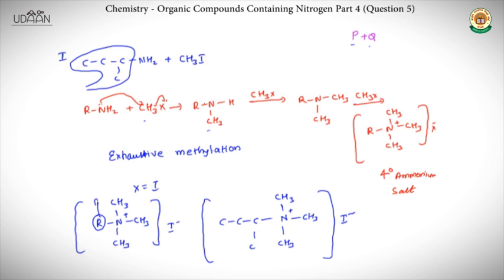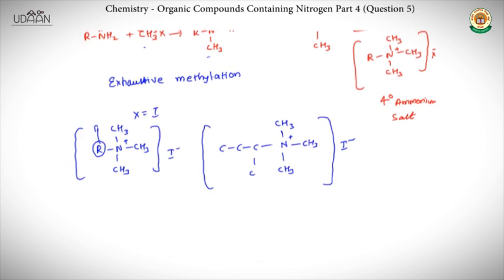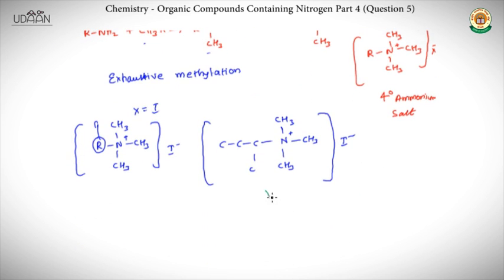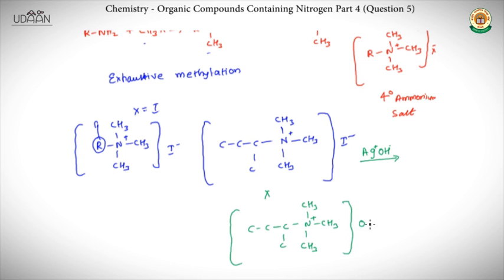Now let's try attempting the second part of the question, where you have subsequently treated this X with AgOH, that is Ag plus OH minus. Now it's just a reaction between a cation and an anion. You are going to get a compound like CCCC N CH3 CH3 CH3, positive charge here, OH minus, plus AgI.